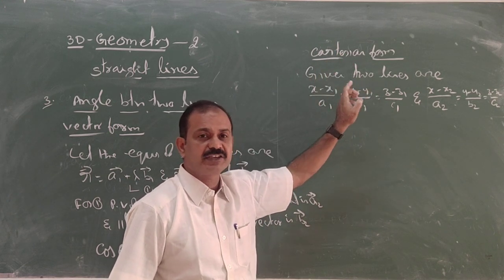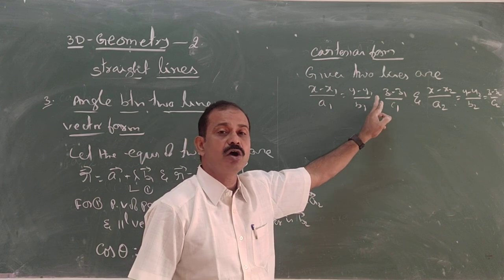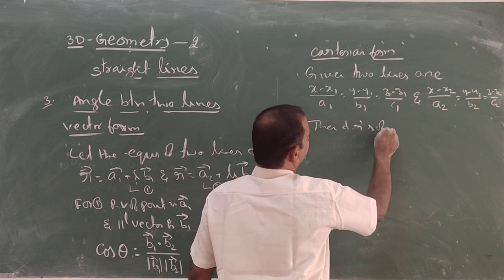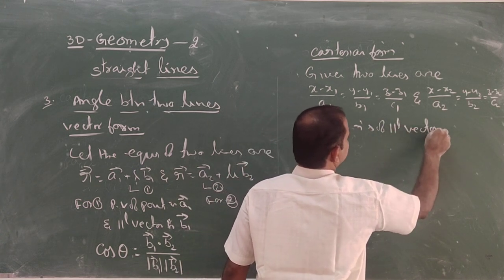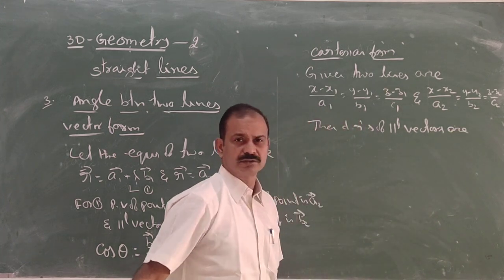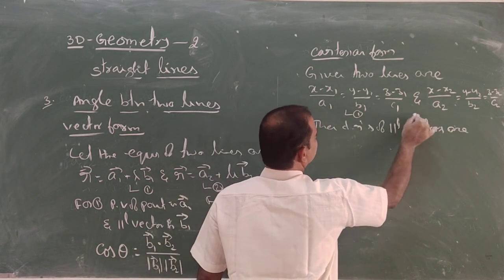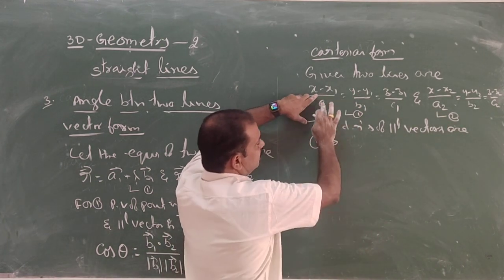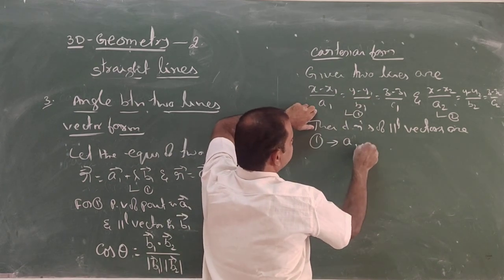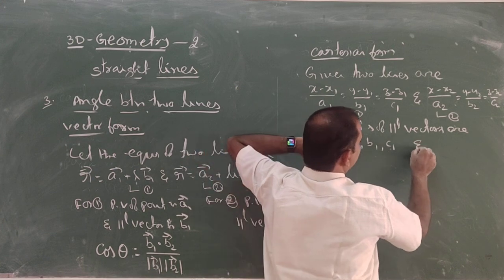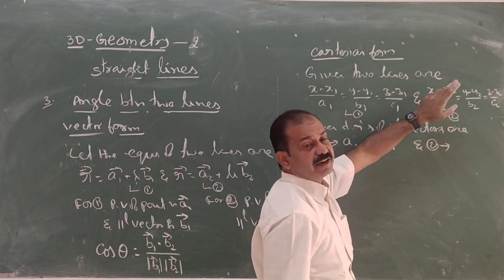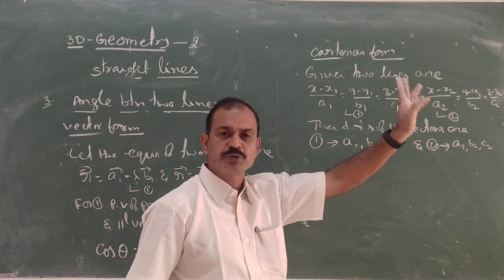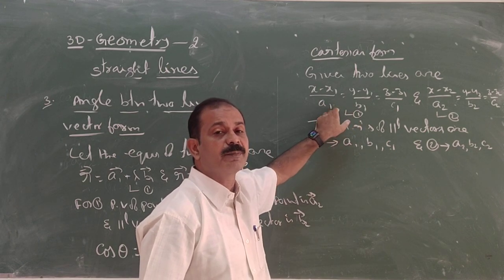We need only the parallel vector, that means we need only the DRs of the parallel vector. Then DRs of the parallel vectors are, for the first line, a1, b1, c1, and for the second line, DRs are a2, b2, c2. You should be able to identify. How do you find the DRs of the parallel vector of this line?